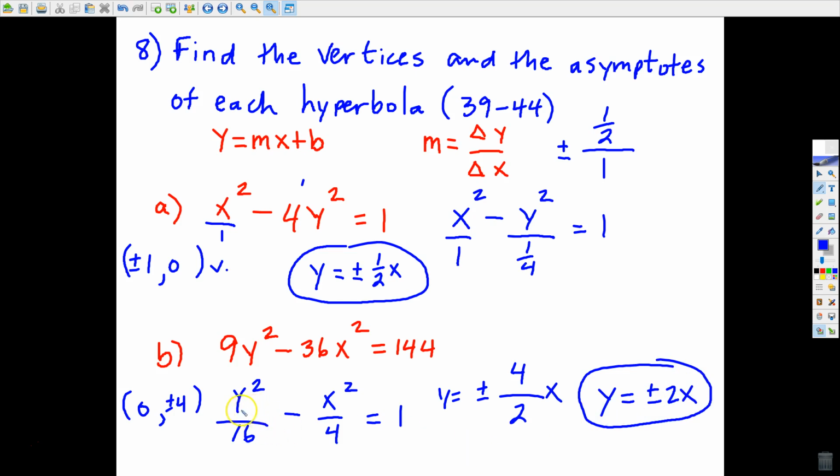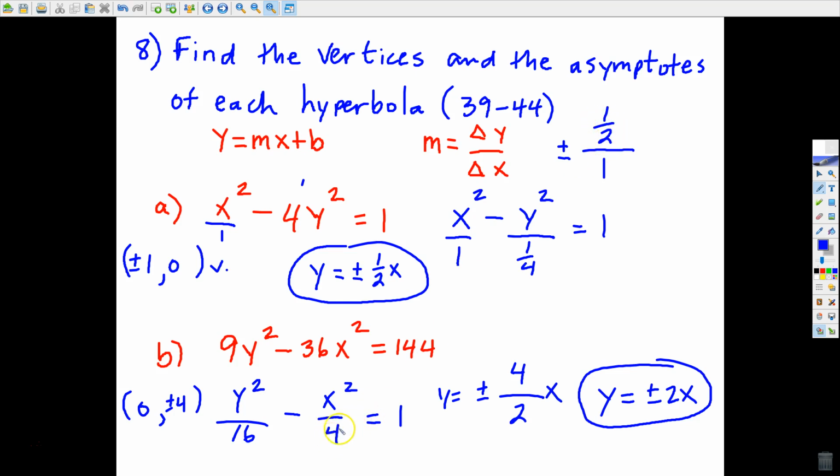The thing that some people miss in these problems is they just always do whatever b is over a. But it really depends on where y is and where x is. You use the y denominator on top always, and you take the square root of that.